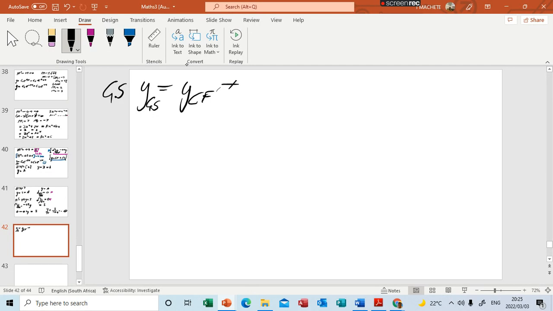Normally we say it's an auxiliary equation, but in this case they call it the complementary function. The next one will be YPI. This YPI we found because of that 3. That's how you do it. And then YGS will equal your YCF plus YPI. If I remember, it was like this.